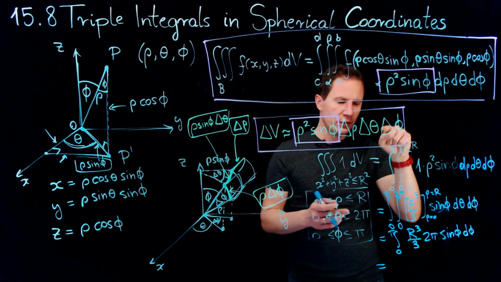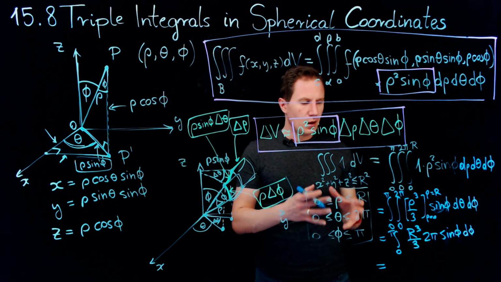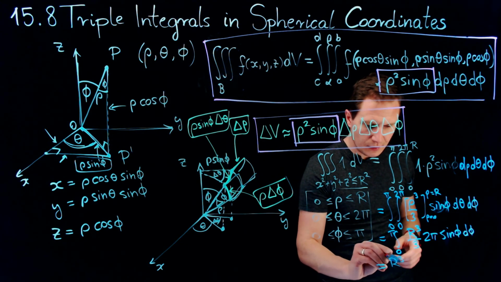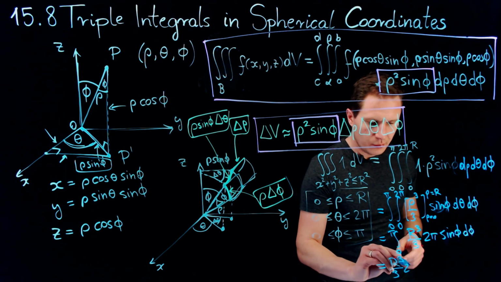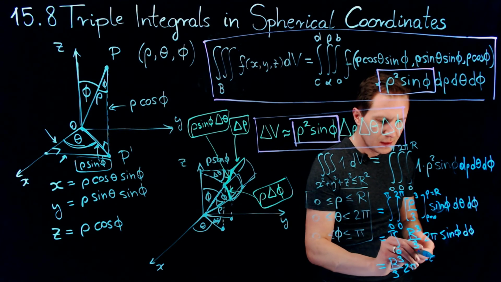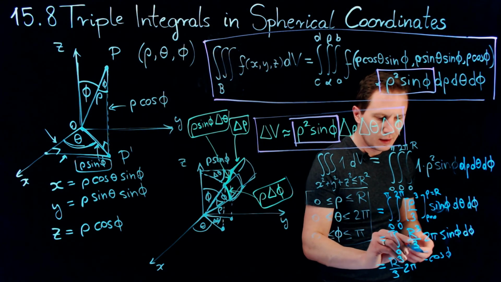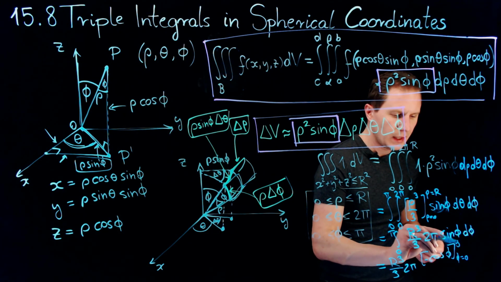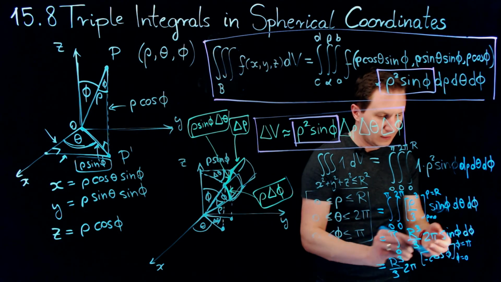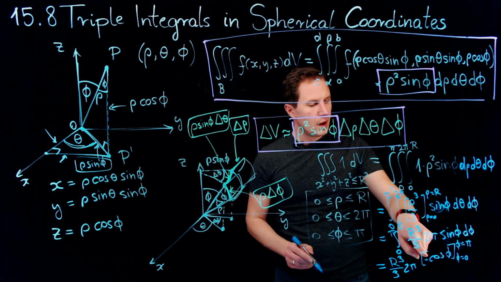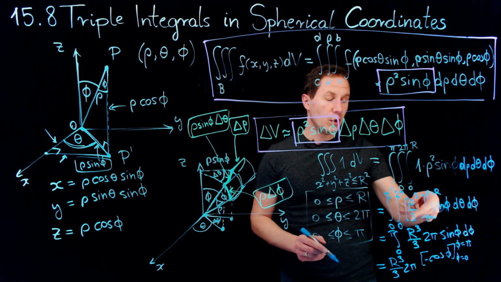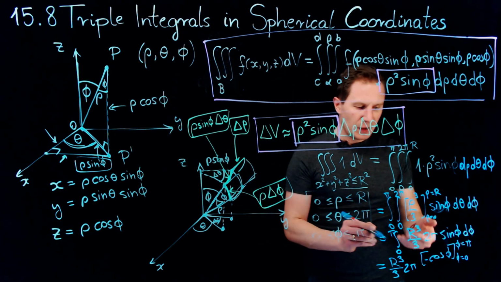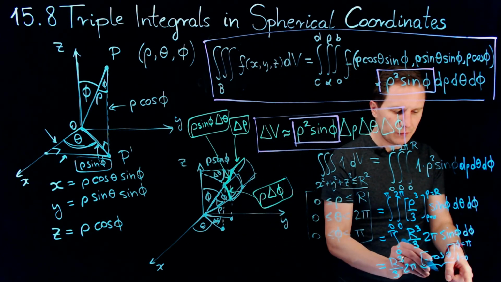One hump of the sine curve has an area of 2, but you can, of course, evaluate this integral properly as minus the cosine of phi as phi changes between 0 and pi. And this evaluates to minus minus 1, so that's plus 1, minus minus 1, another plus 1, so this gives you a factor of 2.